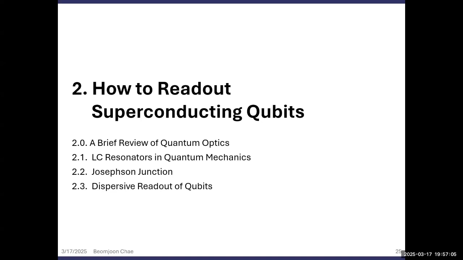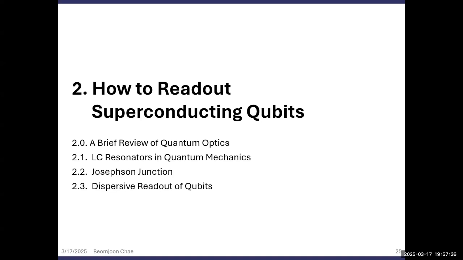Also, LC resonators, which are widely used in electrical circuits, can be described in a quantum mechanical manner. This is an important concept in superconducting qubits, so I'm going to introduce this.